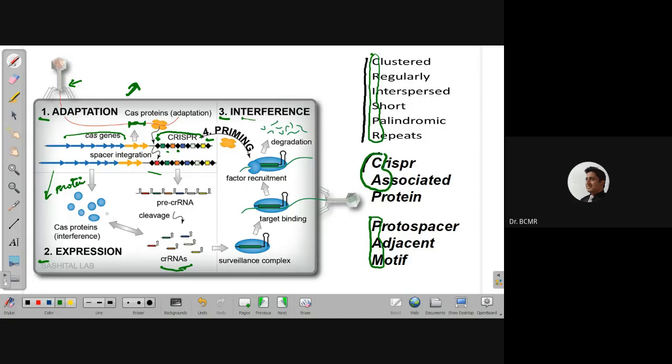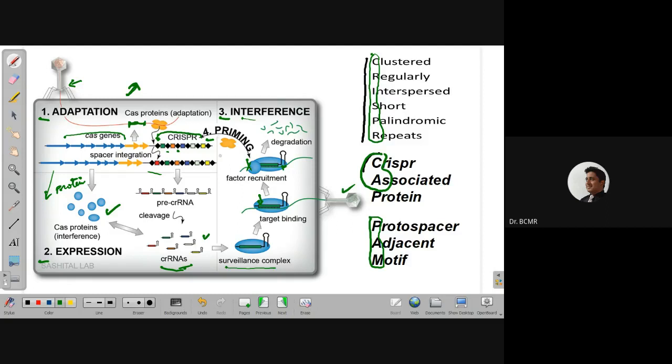Both these Cas proteins and these CRISPR RNAs form a nucleoprotein complex that is referred to as the surveillance complex. If there is any RNA or actually DNA that is complementary to the CRISPR region, then they base pair and the Cas9 protein will cleave the DNA, thereby providing immunity or a kind of protection from this particular phage.